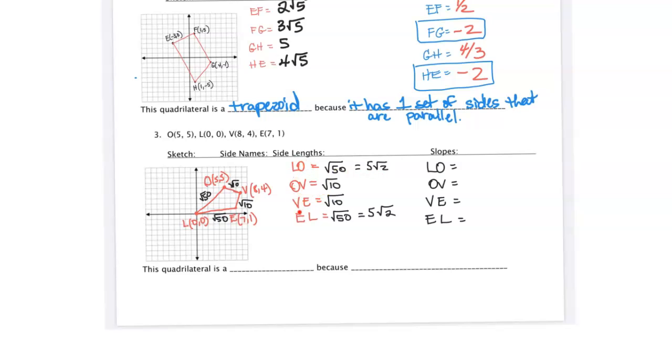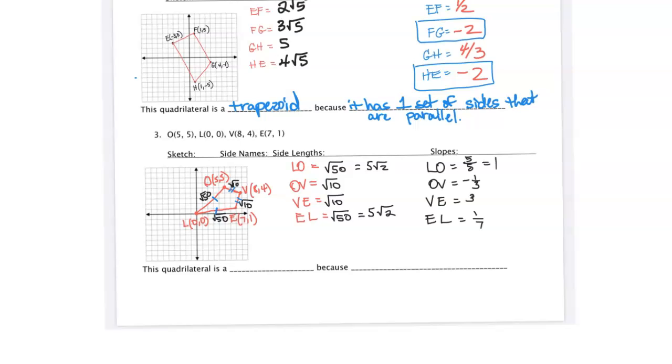OV is the square root of 10, VE is the square root of 10, and EL is the square root of 50, which is also 5 times the square root of 2. If you draw that into your pictures, you should see that LO is congruent or equal to LE. And then you should also see that OV is the same as VE.